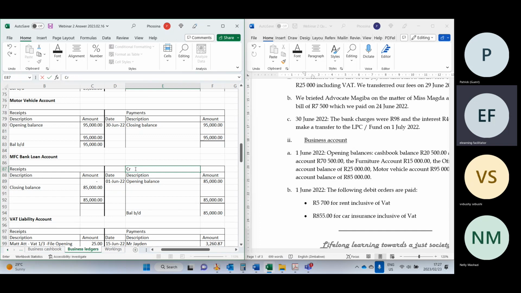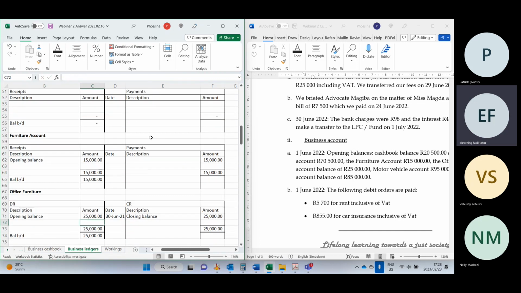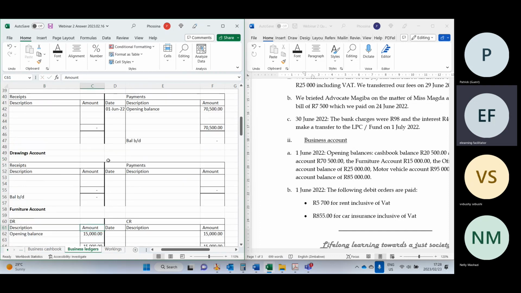With our ledgers, we are supposed to see them having the debit side and the credit side. It is only the cash books where we see the receipts and payments. Here it's always credit and debit. So you can always correct if you see that we have copied wrongly. Sometimes it's issues of copying, where we copy with certain descriptions that are not supposed to be there.